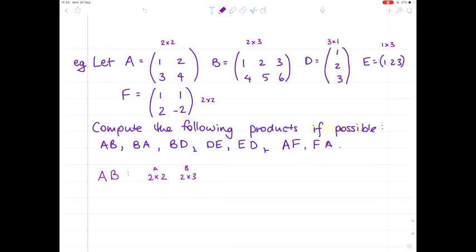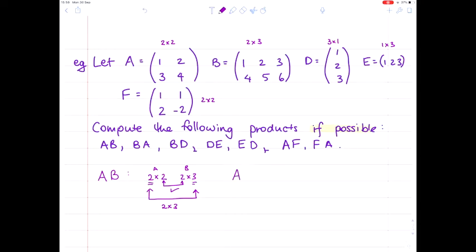So you can see that the number of columns that A has is the same as the number of rows that B has, so we can certainly do matrix multiplication, and our result is going to be a 2 by 3 matrix because A has 2 rows and B has 3 columns.